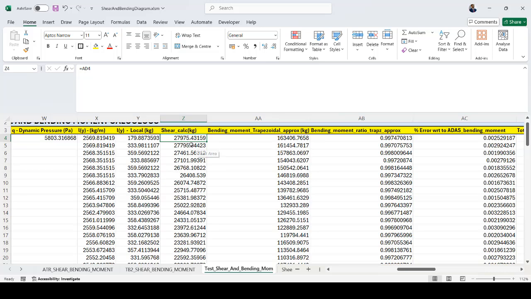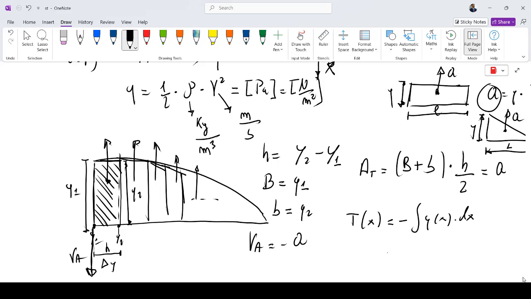So the order is the sum of VA plus the local load. If this is first L1, L2, L3, and so on, I have this.